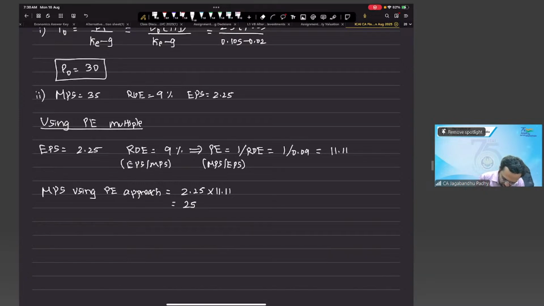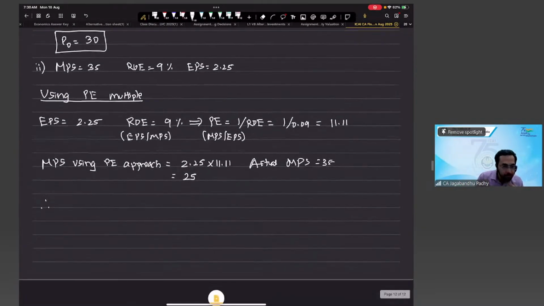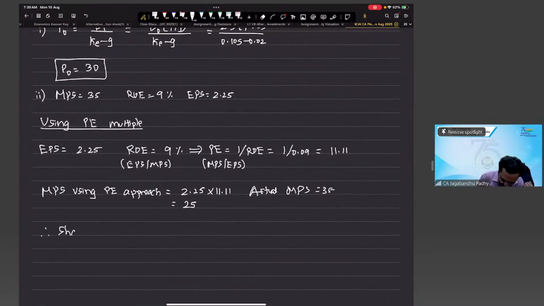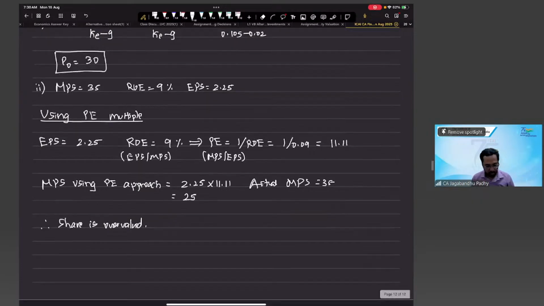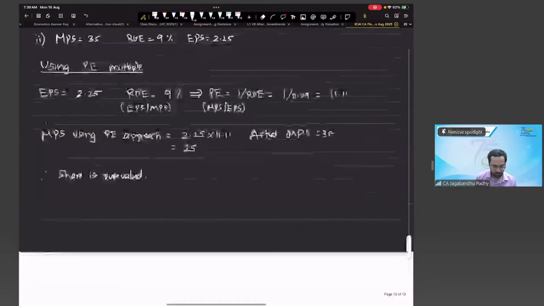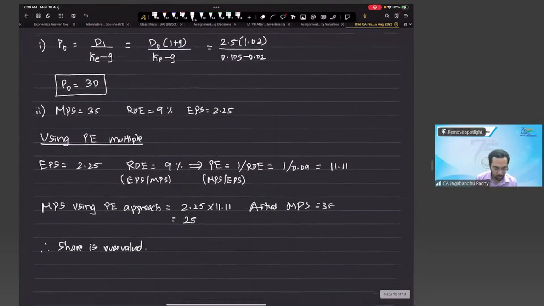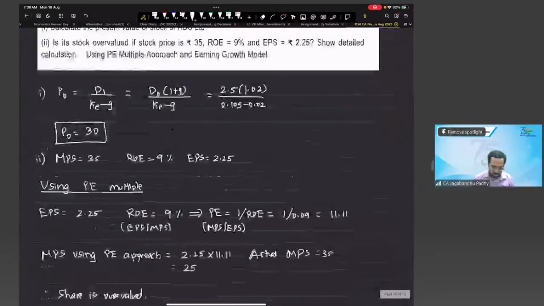So actual market price per share is 35. Therefore, can I say the share is overvalued if I go by this P multiple approach. Okay, and then the second part is to also check the earnings growth model.